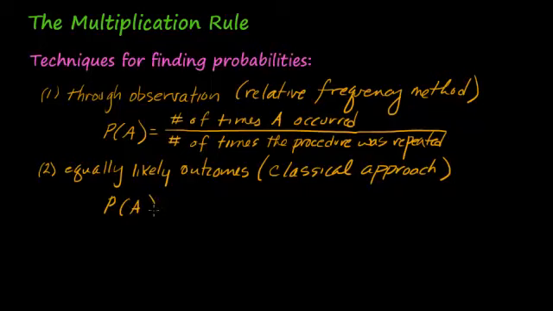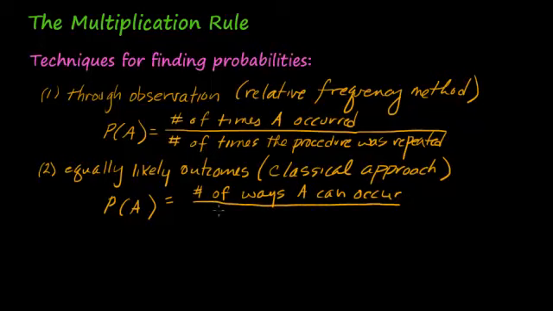So the probability of event A here is equal to the number of ways A can occur all over the total number of outcomes possible, or we called that the number of simple events in the sample space. That would be the same thing as the number of possible outcomes.